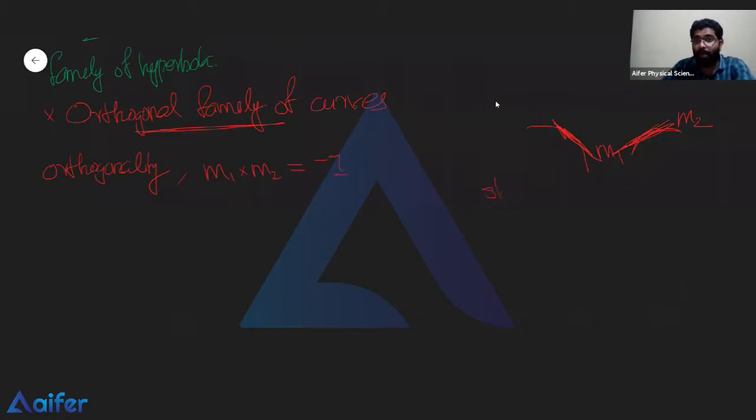What is the slope? The slope of a curve, as we already mentioned, is dy by dx. So how can we find the orthogonal families? First, in the questions, a curve will be given.